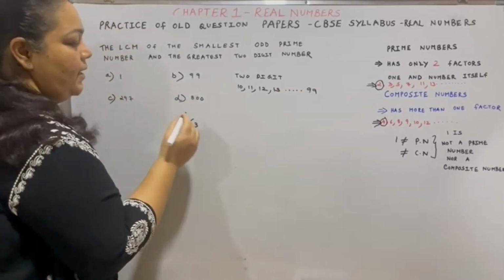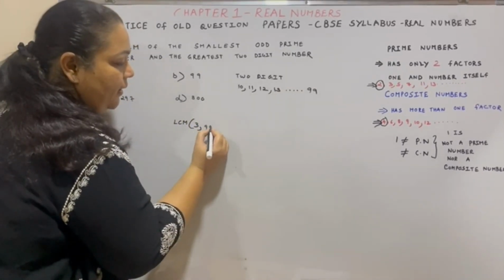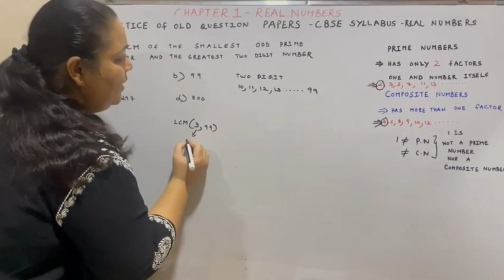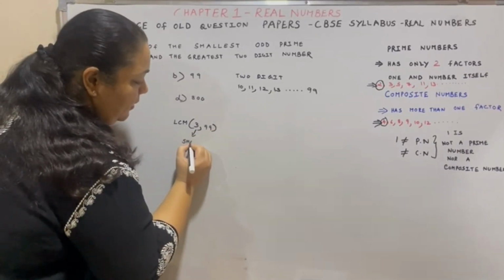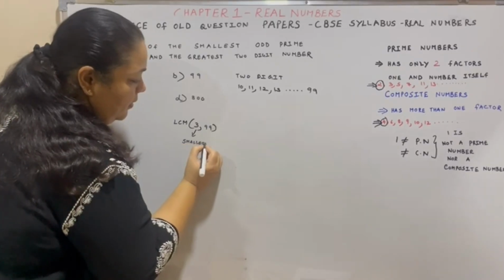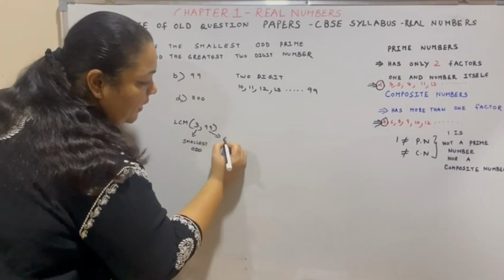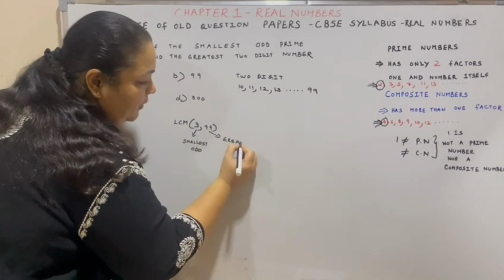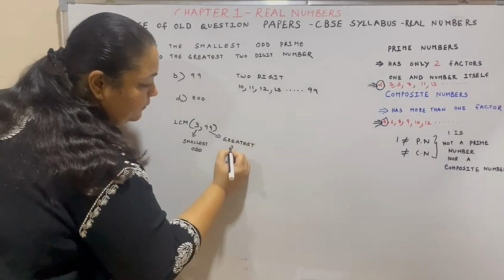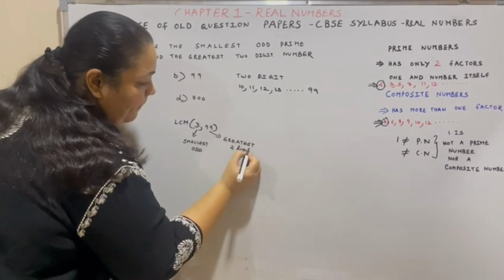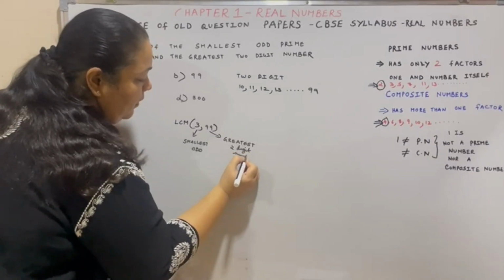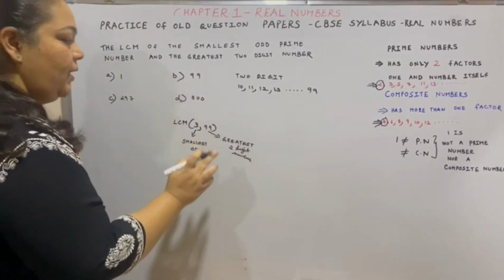So they are asking for the LCM of 3 and 99. 3 is the smallest odd prime number, and 99 is the greatest 2-digit number. So what is the LCM of 3 and 99?